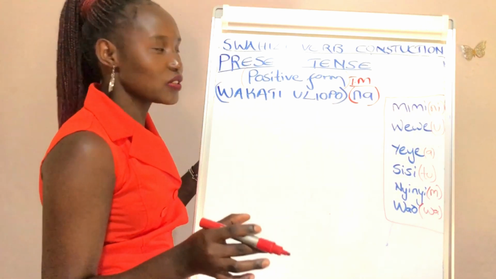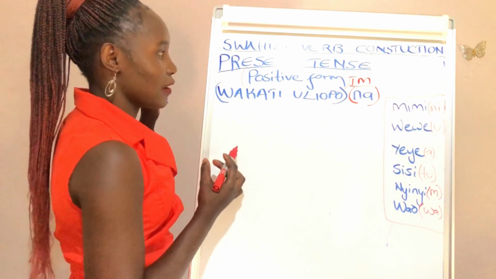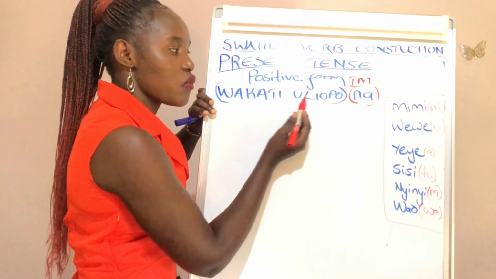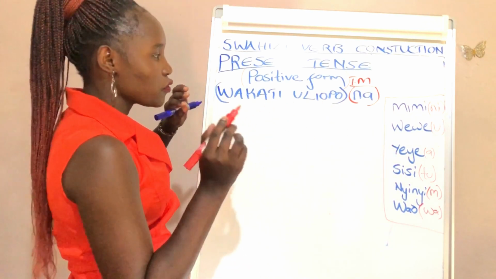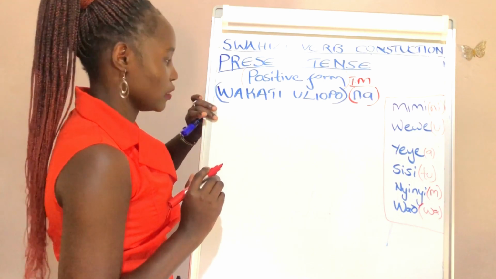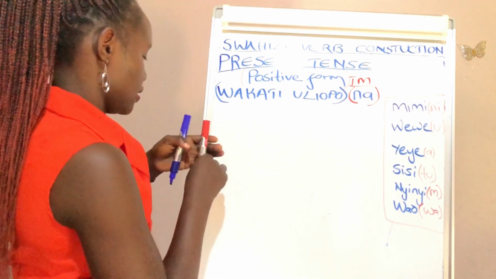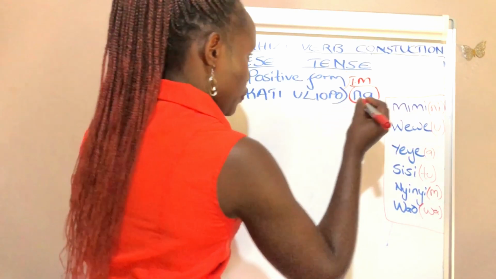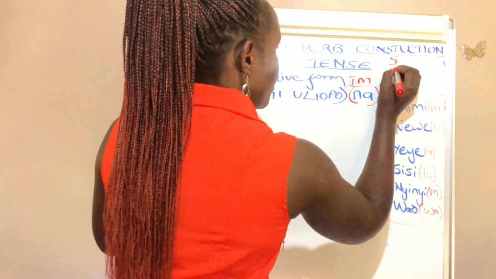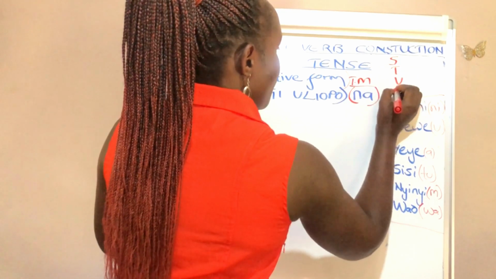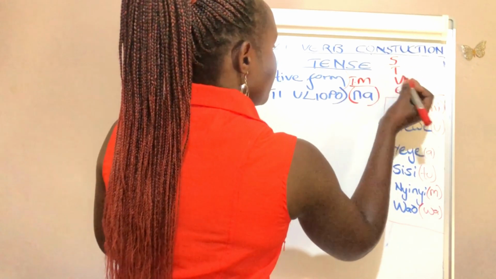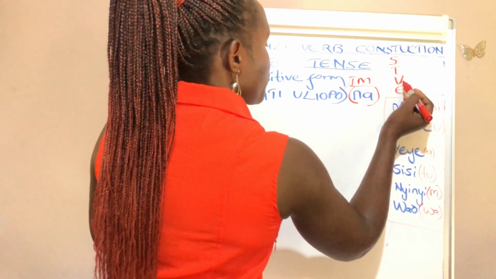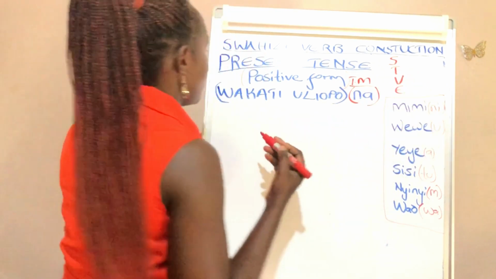Now we are going to use our verbs which we have seen earlier to be able to construct sentences in wakati uliopo. Our first verb was soma. So don't forget we are going to apply our STVE for subject prefix, tense marker, verb root, and verb end.